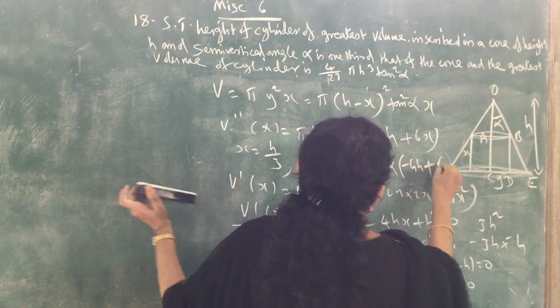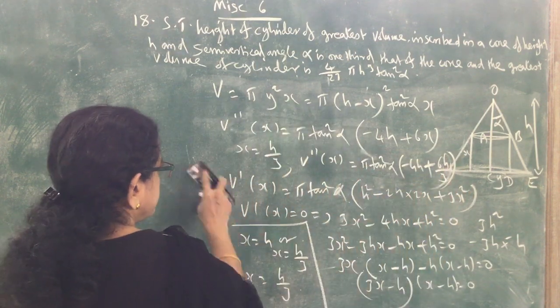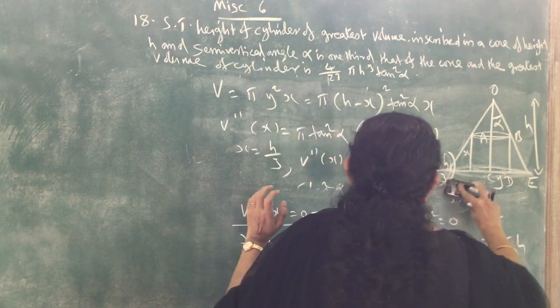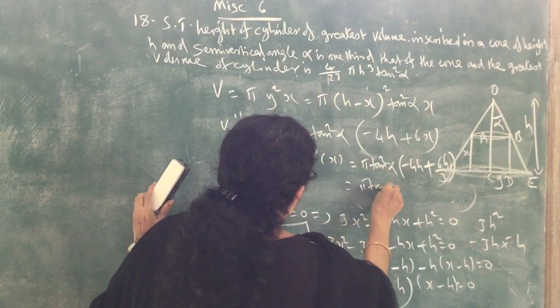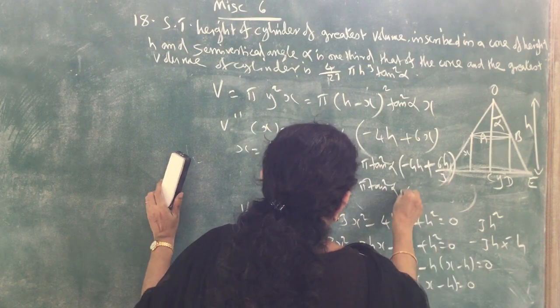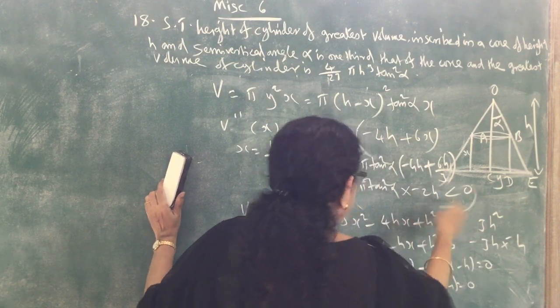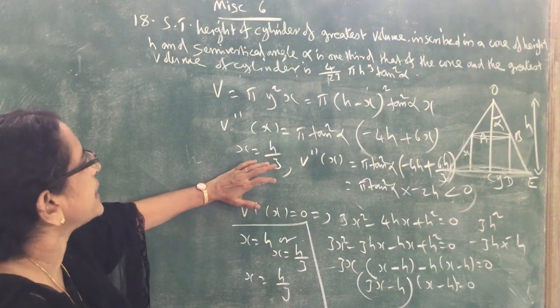That is 6h by 3, that is 2h. So minus 4h plus 2h is minus 2h, which is negative, less than 0. Therefore volume is maximum when x equal to h by 3.